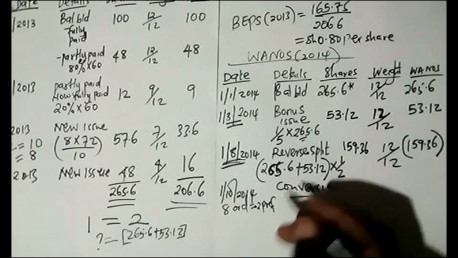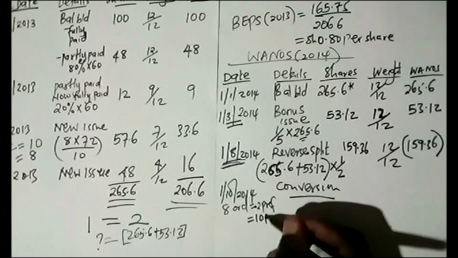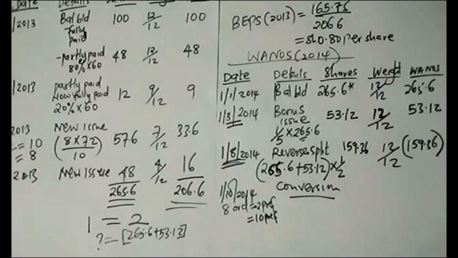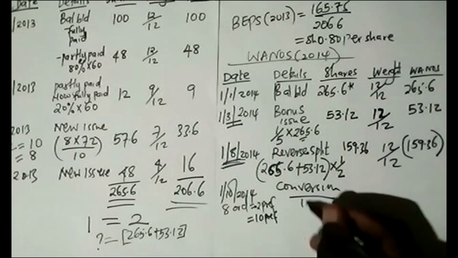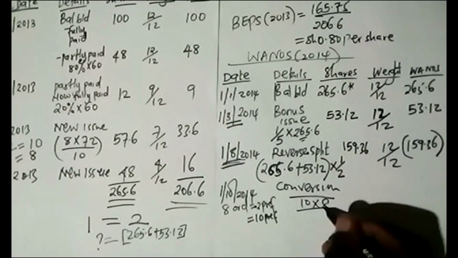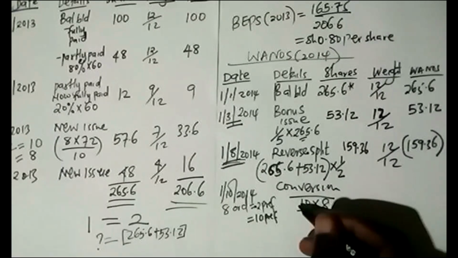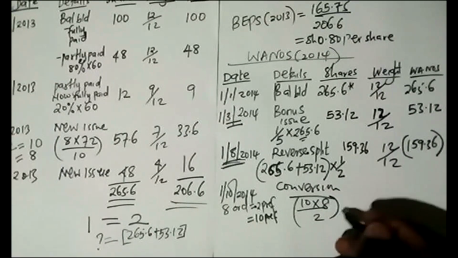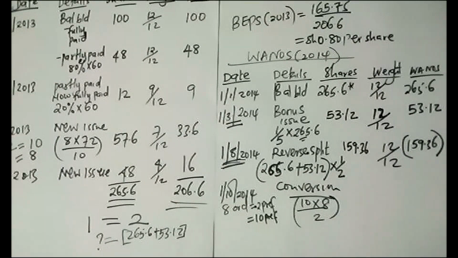So what about the 10 preference? This was in terms of shares, which is fine. So I have to take 10 times 8 over 2. And remember that now, you have to consider the aspect of the reverse split.